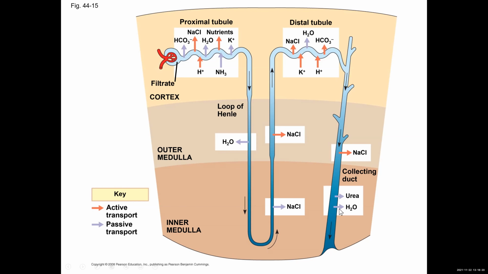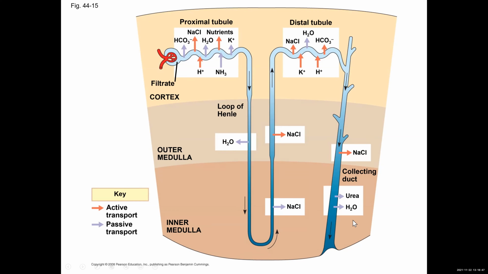All right, so notice down here in the collecting duct that is not sitting there doing nothing, it is actively doing something. We are going to be able to reabsorb water from the urine into this inner medulla, right? And the reason we can do that is because we have done a bunch of work, which isn't shown on this slide, to get concentration of ions into this tissue.